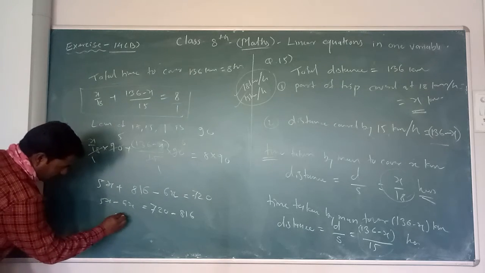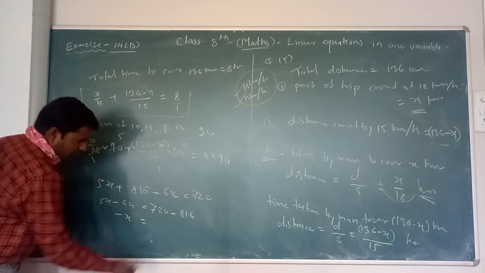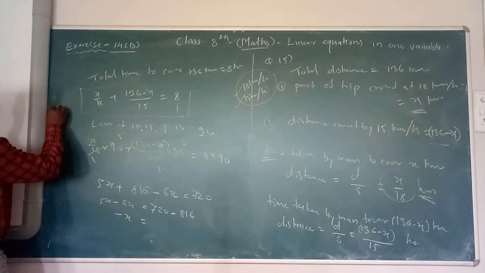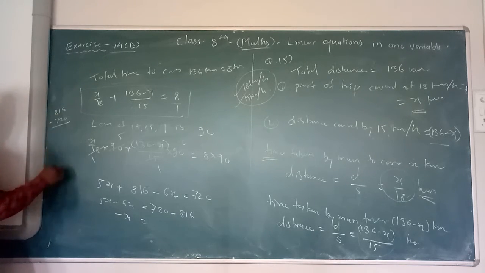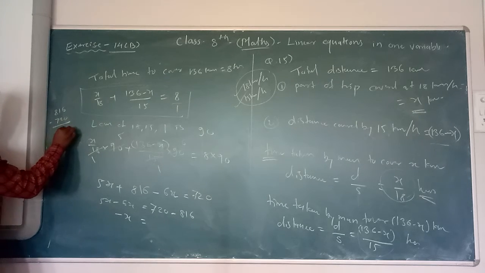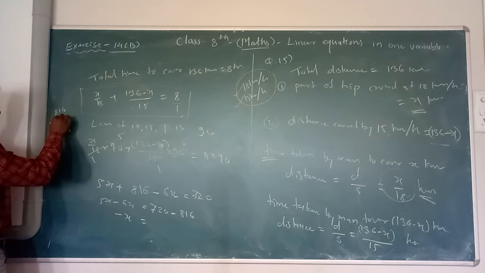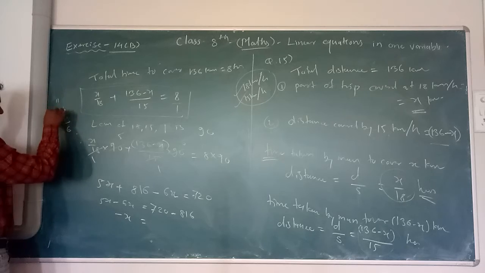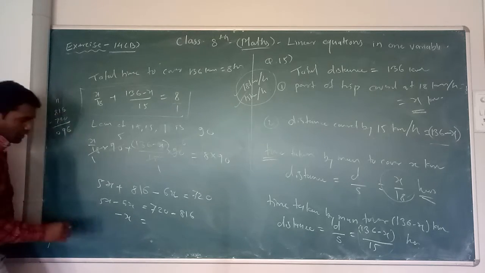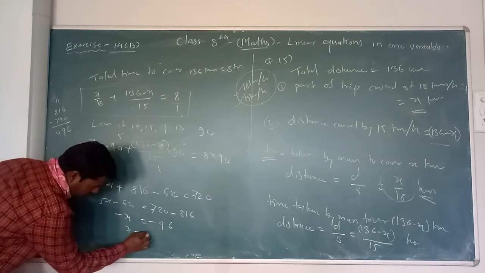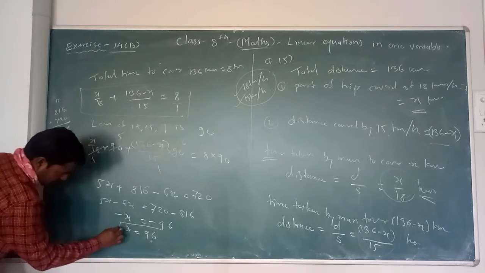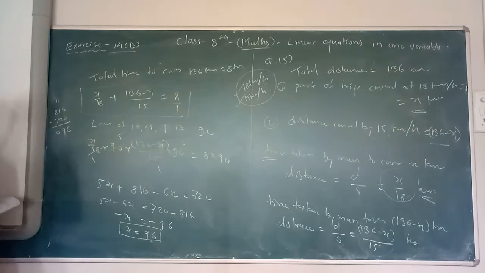So here minus x equals 720 minus 816, that is minus 96. Minus minus gets cancelled. So x is equal to 96.